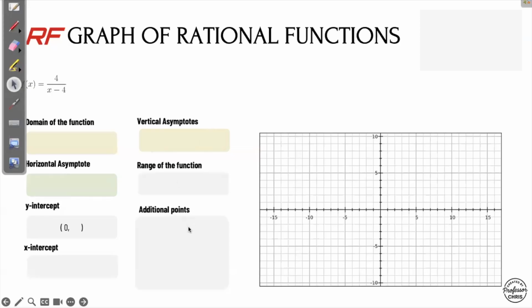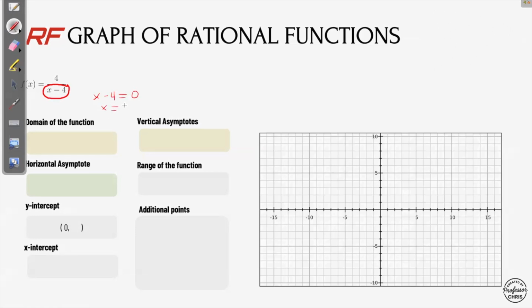Now we're going to see how to sketch a rational function with a single vertical asymptote. One thing to consider is that both the domain and the vertical asymptotes will come from the denominator, x minus 4. So x minus 4, I'm going to set it equal to 0.